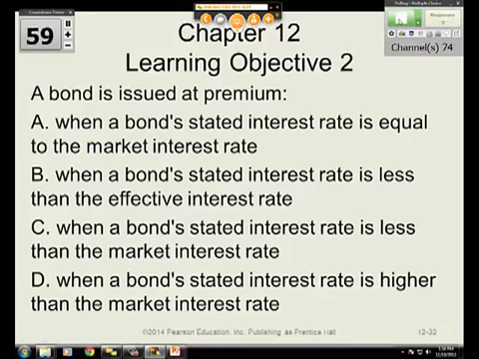I want to see how much we picked up over the last couple of minutes. So when would a bond, what conditions will determine a premium, a price above par?